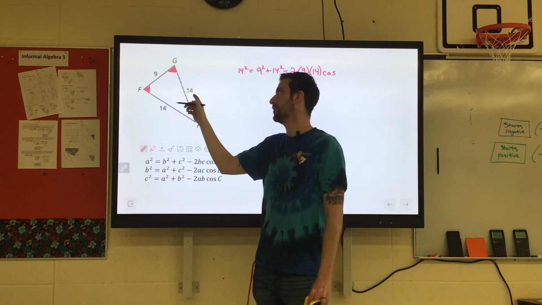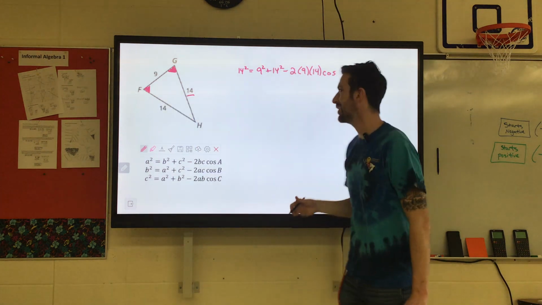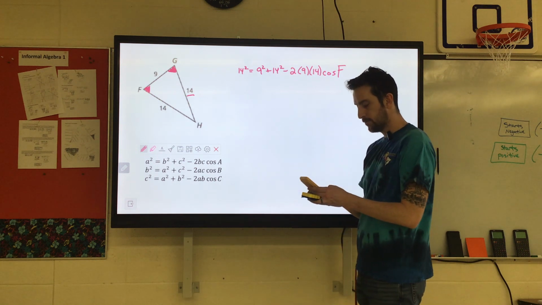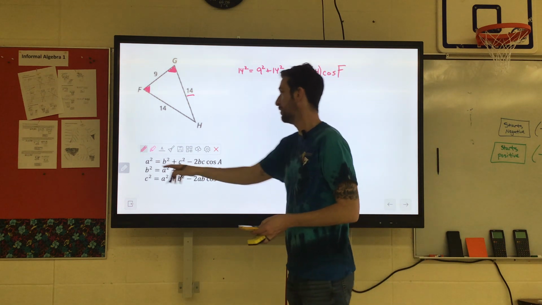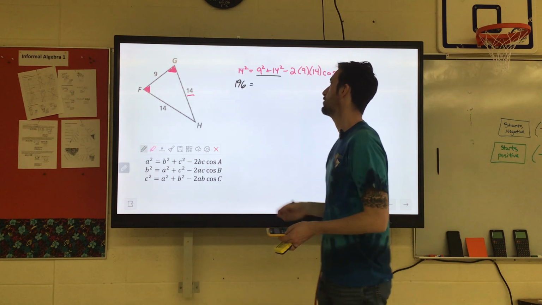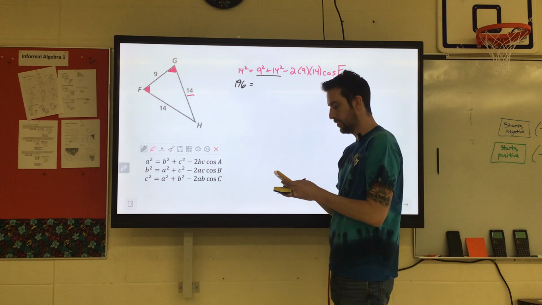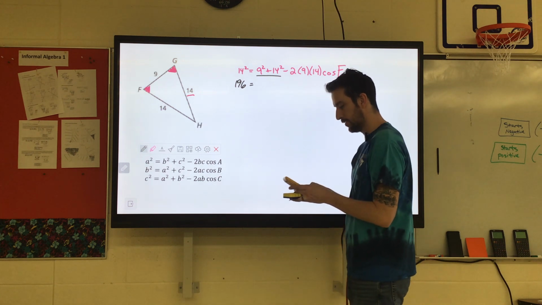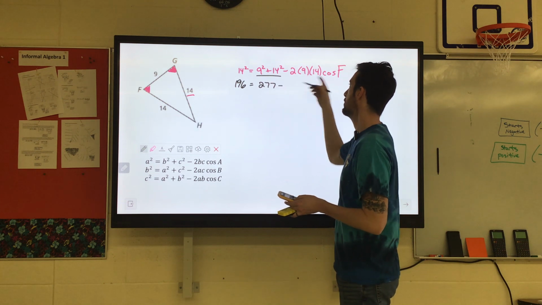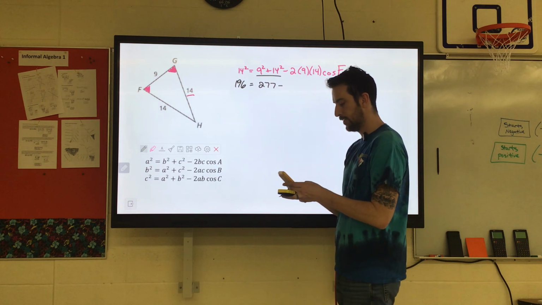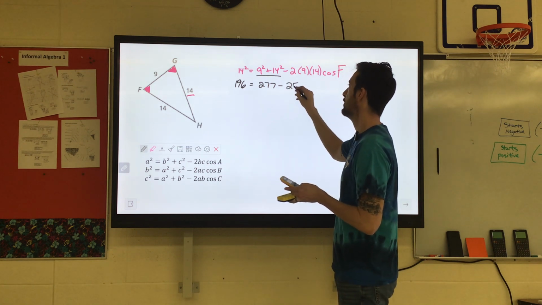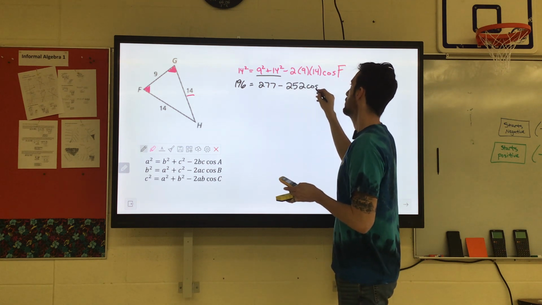So side 14 was corresponding with angle F. So we'll say cosine of F. So 14 squared is 196. I'm going to square those and add them together. 81 plus 196 is 277 minus, if I multiply these, 2 times 9 times 14, we get 252 cosine F.